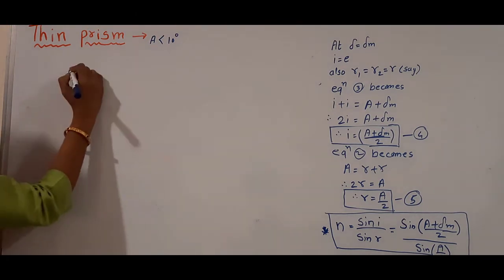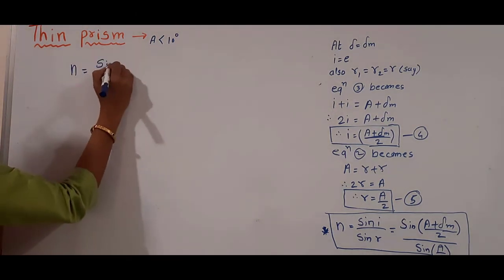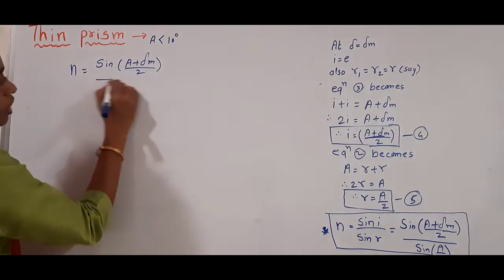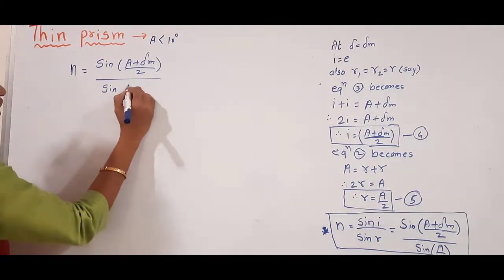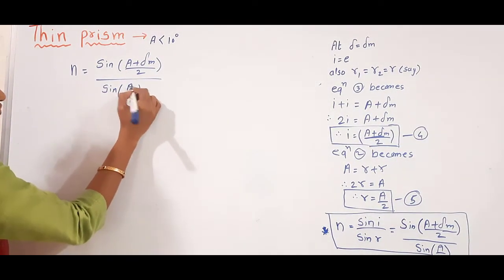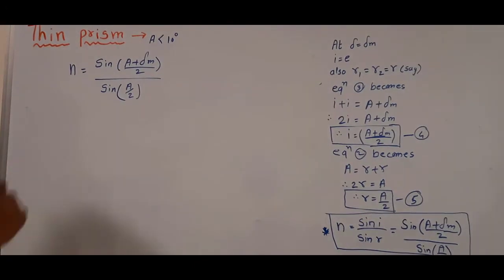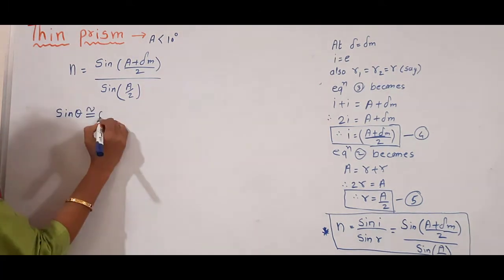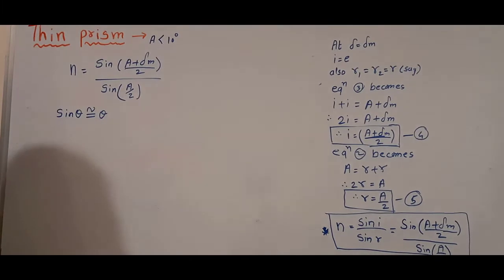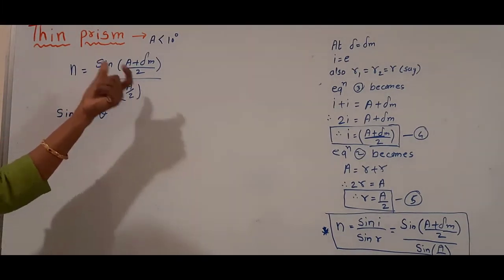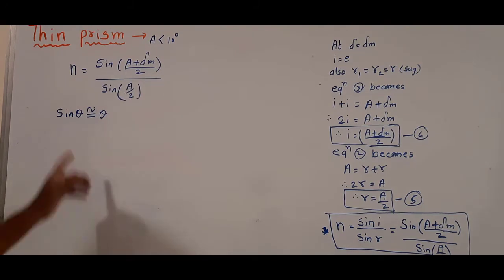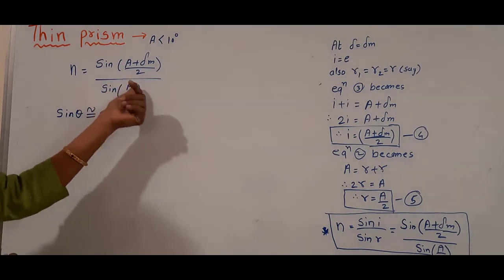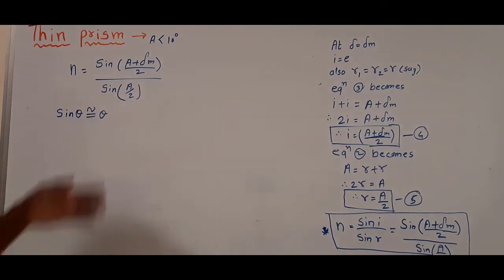We know the formula for the prism. n is equal to sine A plus delta m by 2 upon sine A by 2. And we also know that sine theta is approximately equal to theta if theta is expressed in radians. Therefore, sine A plus delta m by 2 is directly written as A plus delta m by 2, and sine A by 2 is written as A by 2.